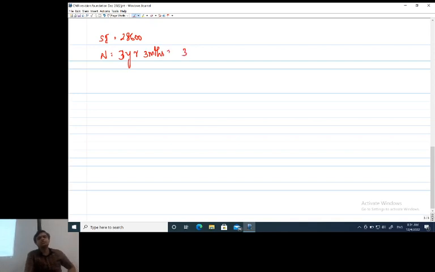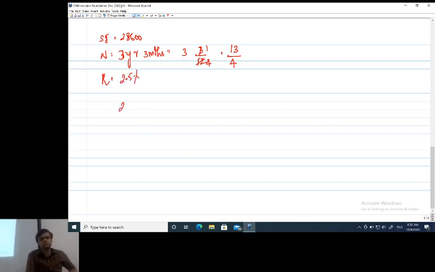So on conversion, 3 and 3 by 12, which is nothing but 4 3s are 12, 13 by 4.